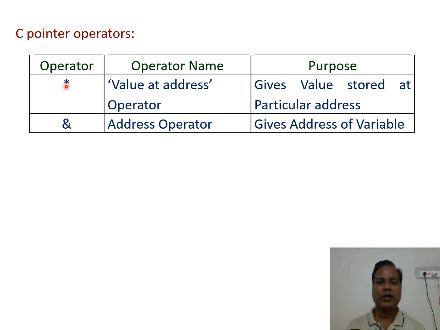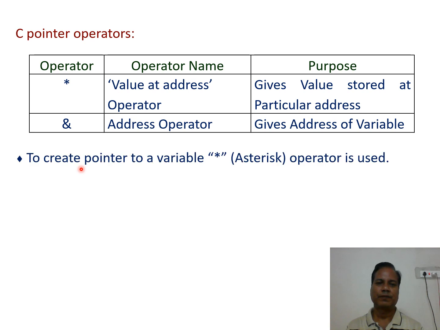So this is called the value at address operator, and its purpose is to give the value stored at a particular address. The ampersand symbol is the address operator, which gives the address of a variable. So we often see these two operators while dealing with C pointers.